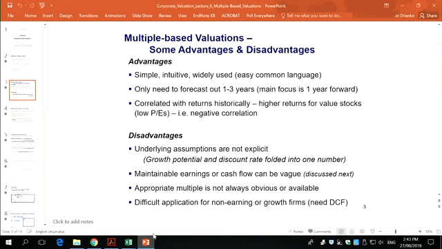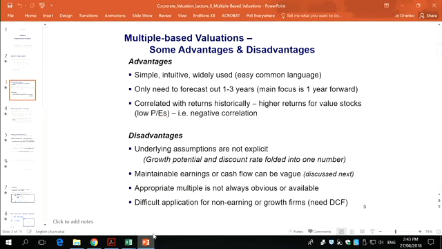The next thing is for a stable, mature company, calculating maintainable or sustainable or steady state earnings is not that difficult because it's very close to current earnings. For a company that is, again, going through growth, it's shrinking, it's losing money, whatever it is, trying to estimate what maintainable earnings are because they're so different from current earnings is very hard and can be very vague and subjective.